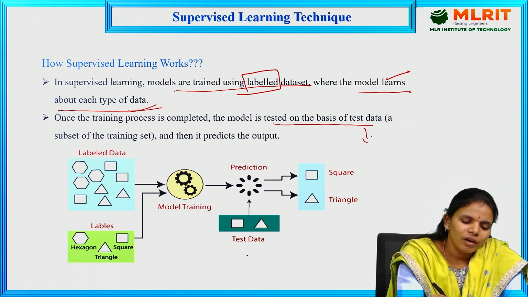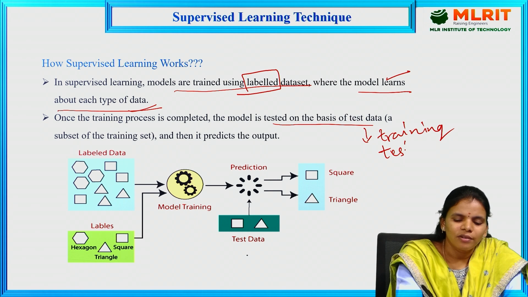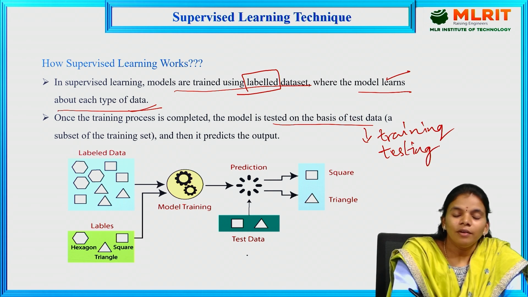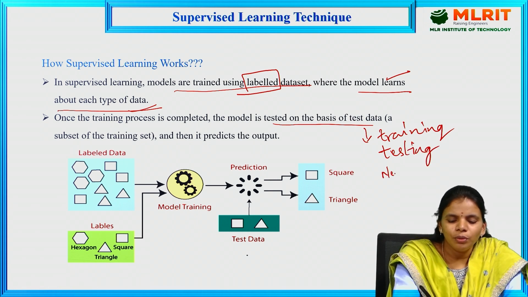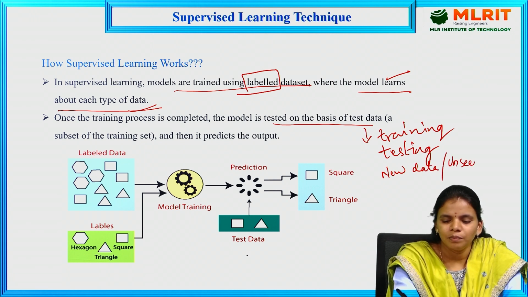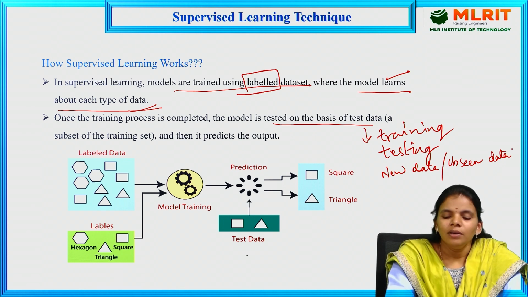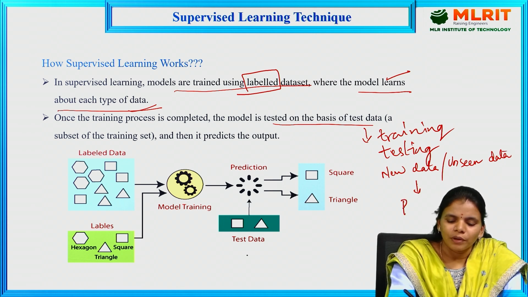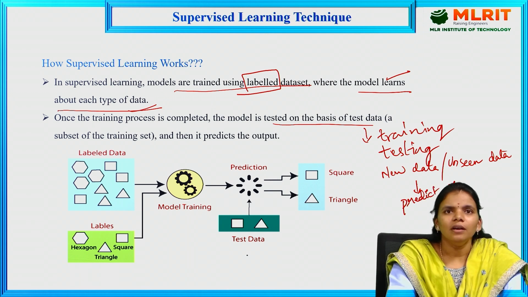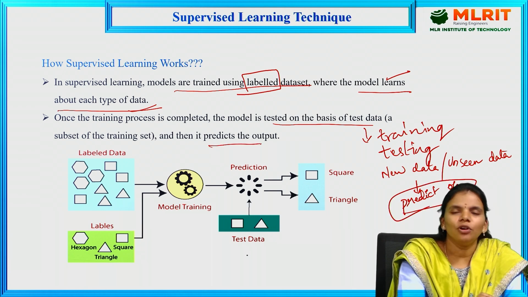After completion of training and testing of a model, you have to give new or unseen data to your model to predict the output. If it is predicting a correct output, then your model is correct.